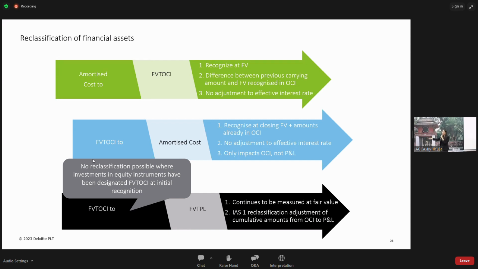So that also means that the carrying amount as of the financial year for the amortized cost is not deemed fair value. No such thing. You have to identify the fair value for the initial recognition in the new classification. So any difference between this carrying amount and that fair value, because this is an OCI category, also goes to the OCI.